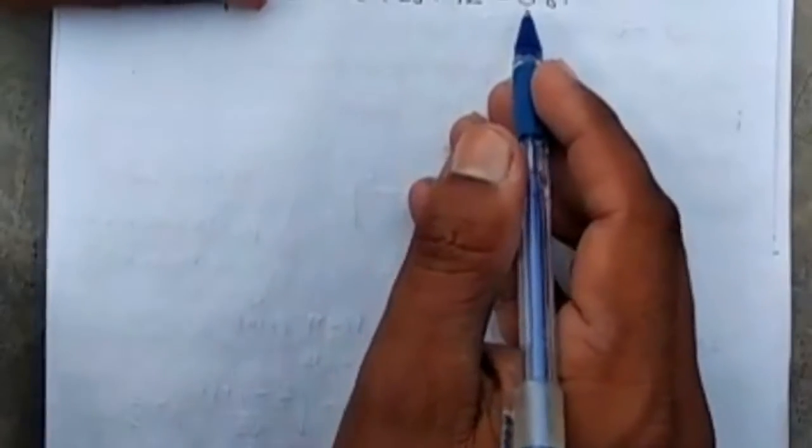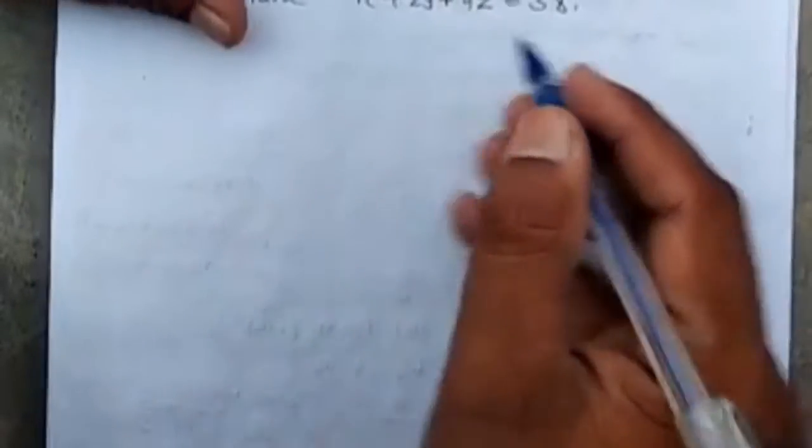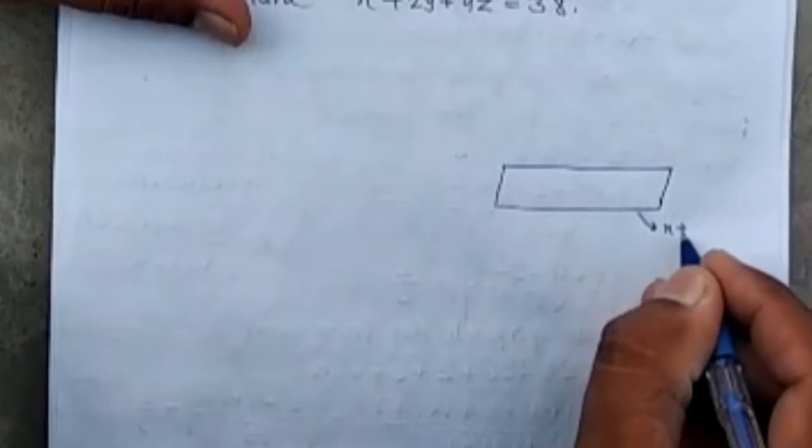Now find the image of the point (1, 2, 3) in the plane x + 2y + 4z = 38. Suppose it is the given plane x + 2y + 4z = 38 and it is the point.